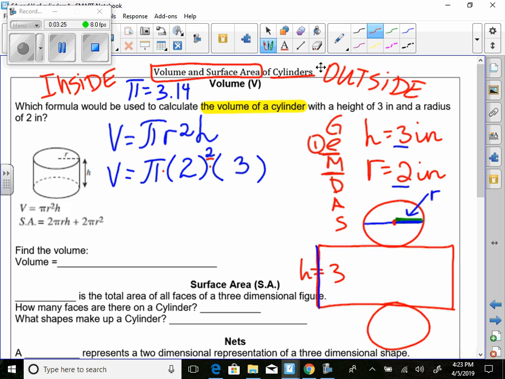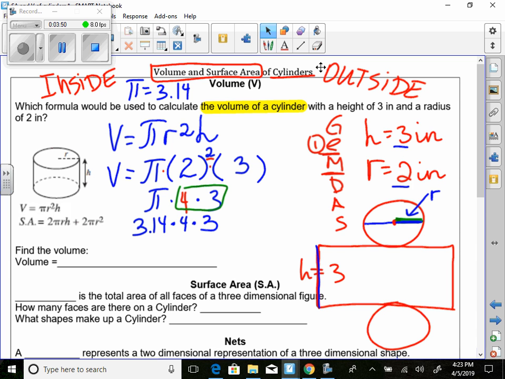So 2 to the second power becomes 4. I'm going to bring the rest of my numbers down. Now I can multiply. At this point it's okay to replace our pi with 3.14, multiply by 4, multiply by 3. Or you could have multiplied 4 times 3 first and then replaced pi with 3.14.